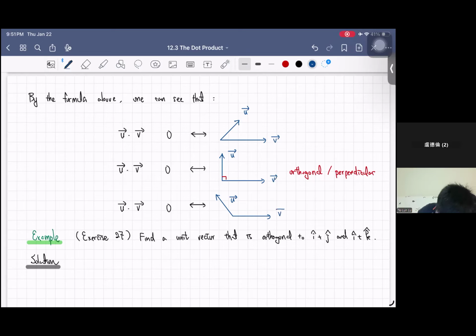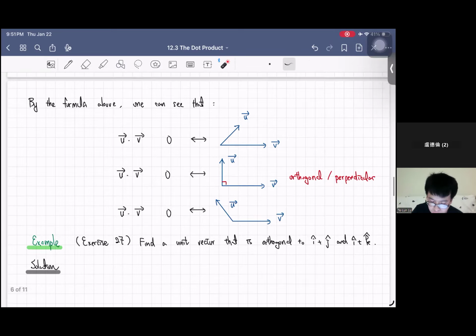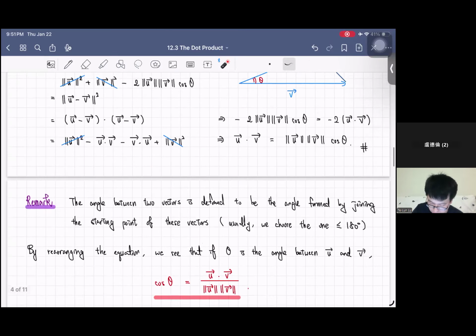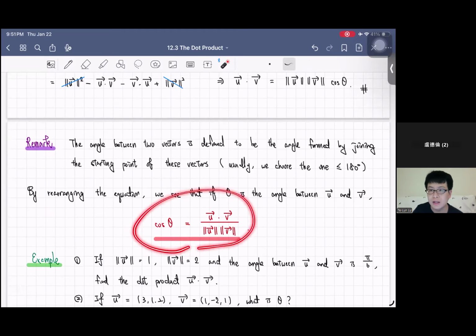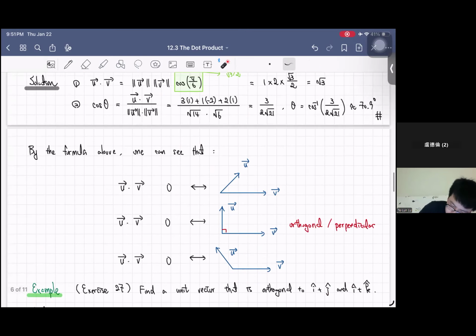If the angle between those two vectors is acute, that means u dot v will be positive, because an acute angle gives you a positive value of cosine. And if they're perpendicular, meaning that theta is 90 degrees, cosine 90 is 0, so u dot v will be 0.